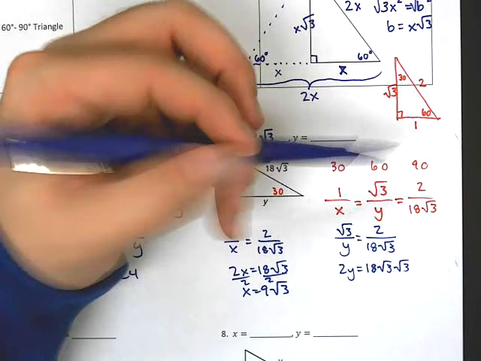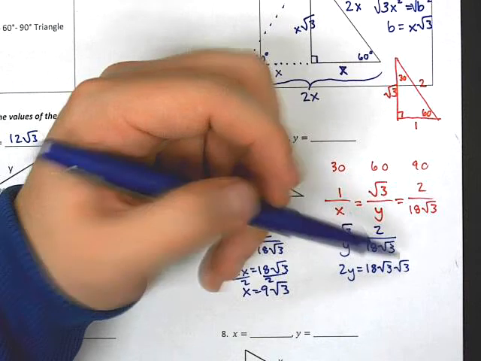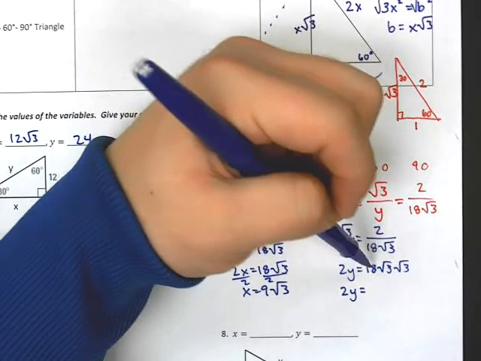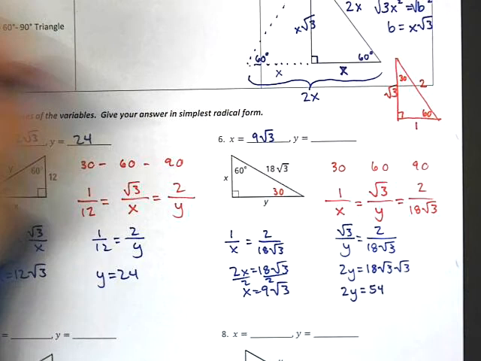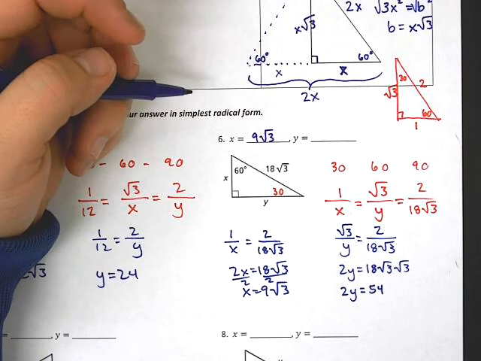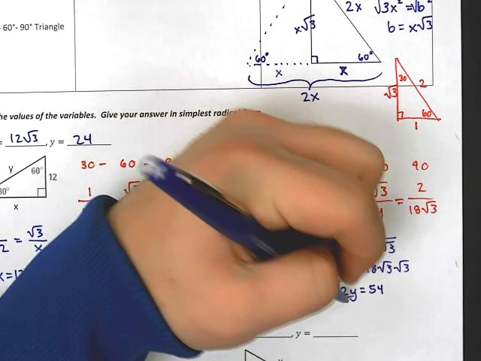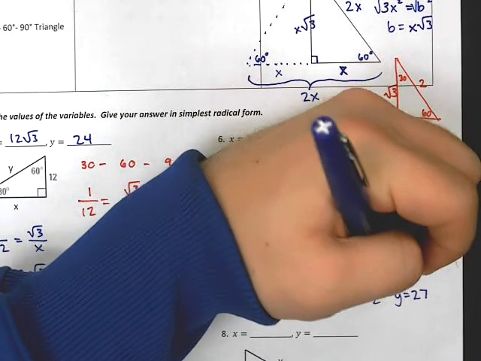Well, we've talked about this a couple times. Square root 3 times square root 3 is just 3. So I actually have 2y is equal to 18 times 3, or 54. Lastly, I'd have to divide both sides by 2, and I would get that y is equal to 27.